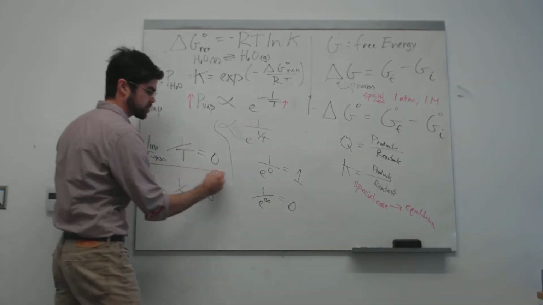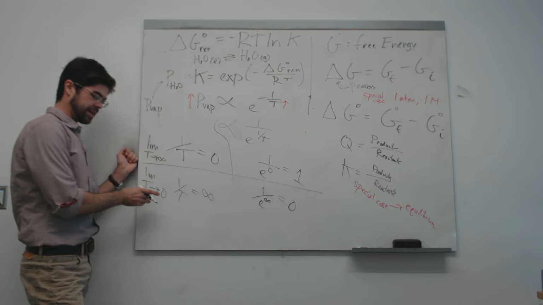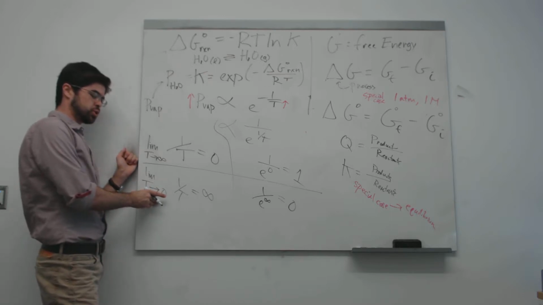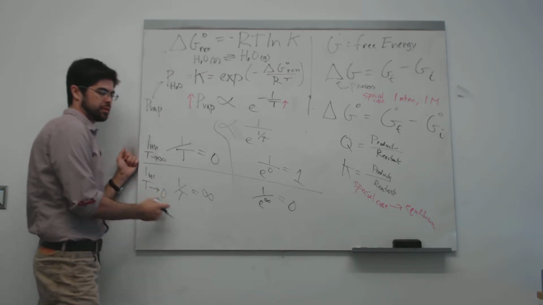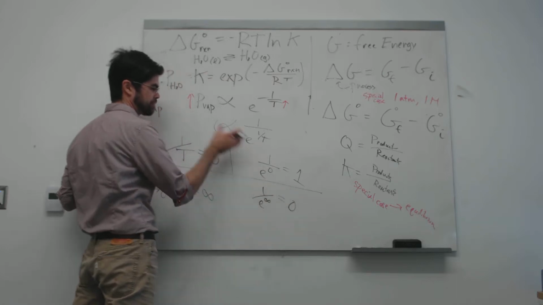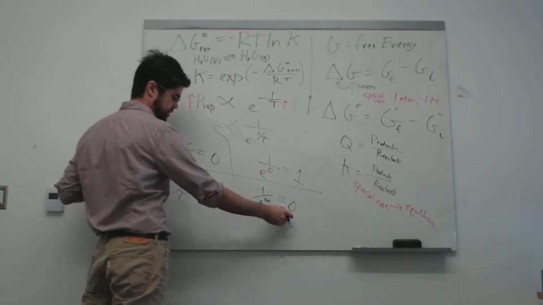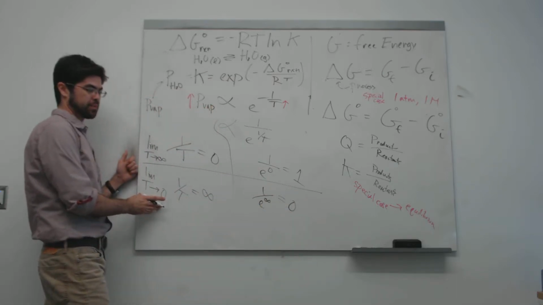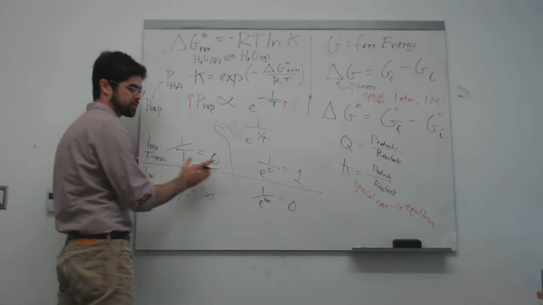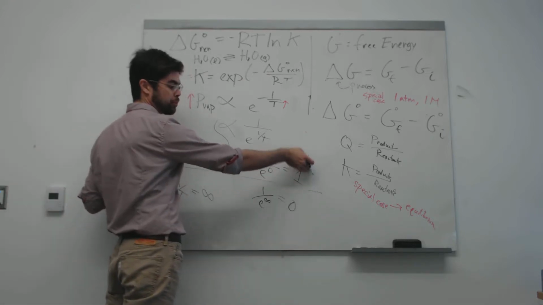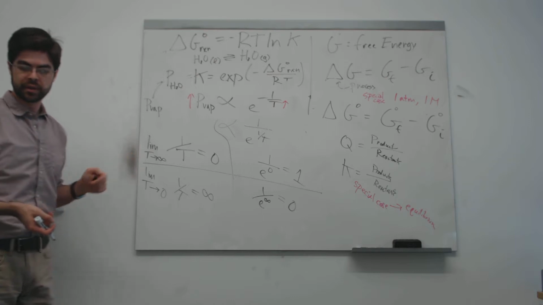So these are my two extremes. At the lowest extreme, the temperature is 0, I have negligible value. The vapor pressure should go to 0 at 0 temperature. At infinite temperature, it's going to scale upwards to whatever it happens to be.